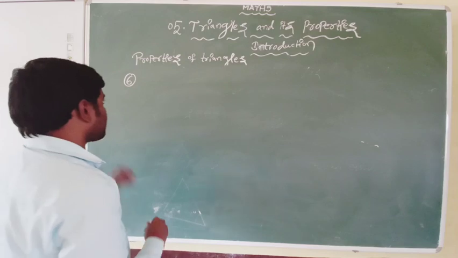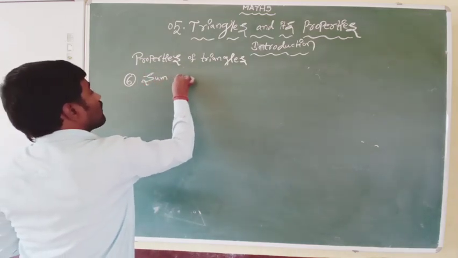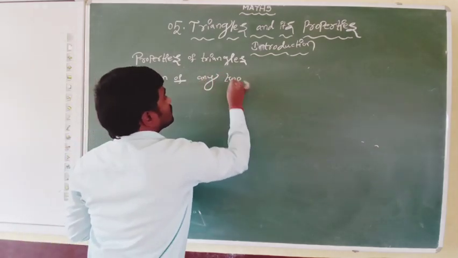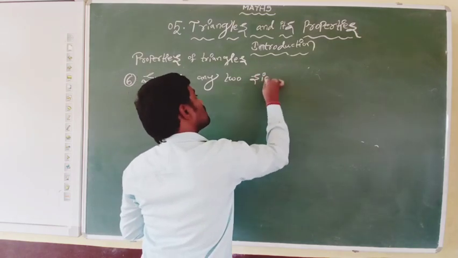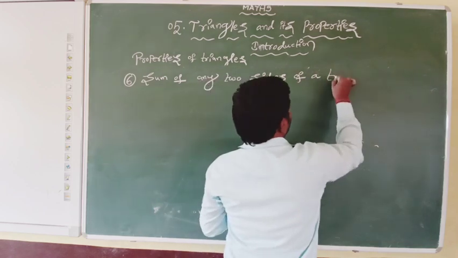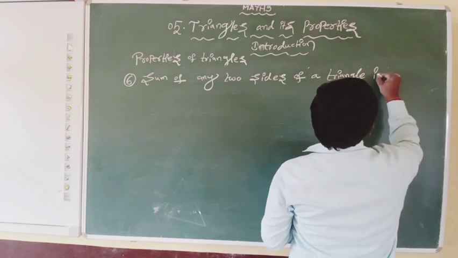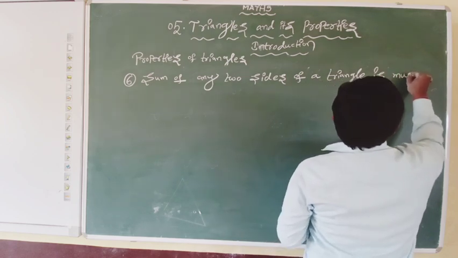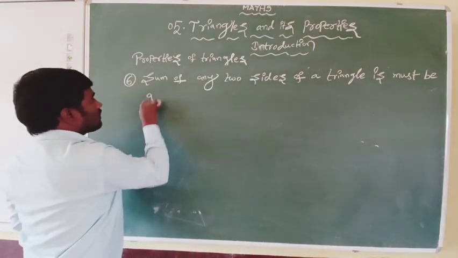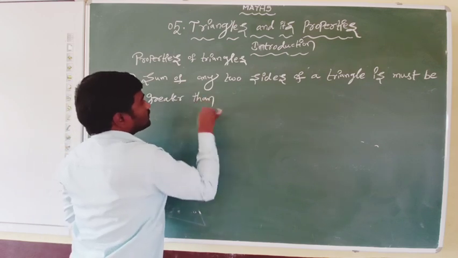So, look here. Sum of any 2 sides of a triangle must be greater than the third side.